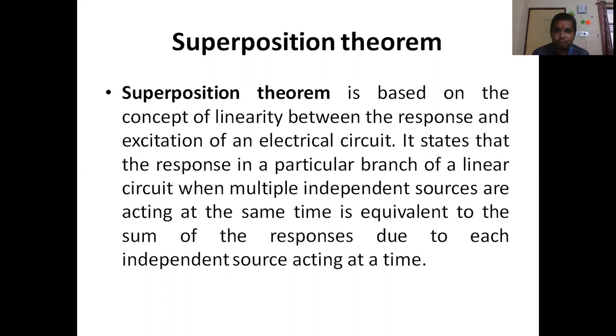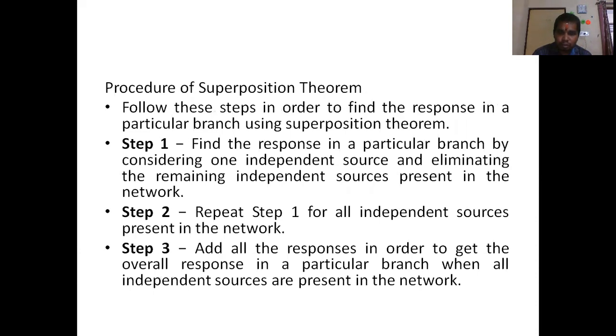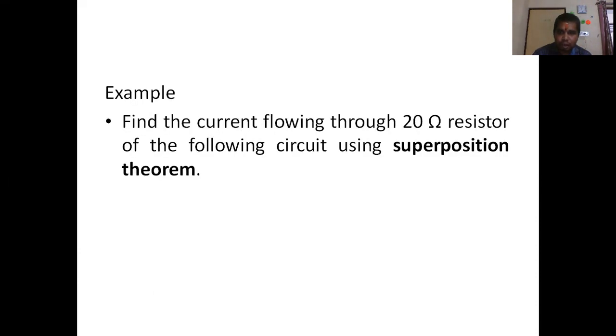That means if you have a circuit with more than one source, you determine the response for individual sources and add them, and you will get the total response. This will be equal to the response if you consider all the sources together. So let us come to this circuit where the superposition theorem is going to apply.